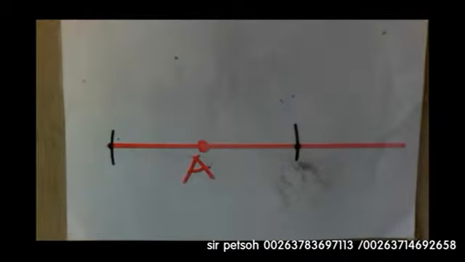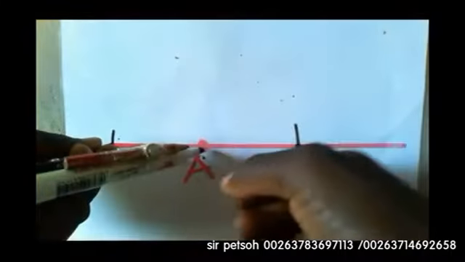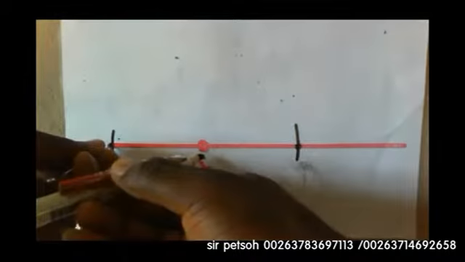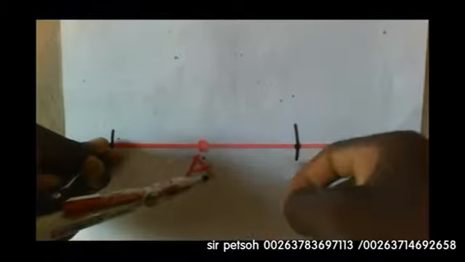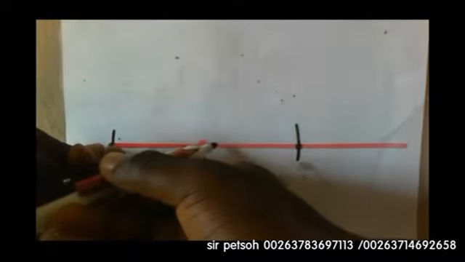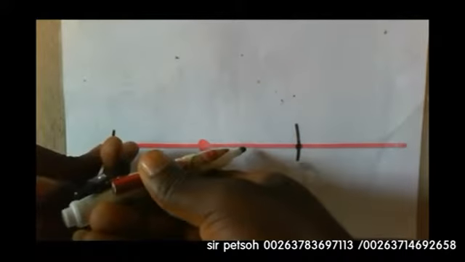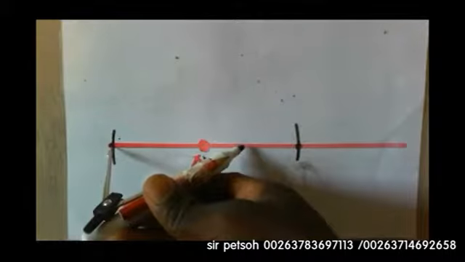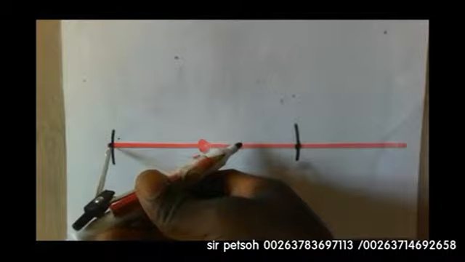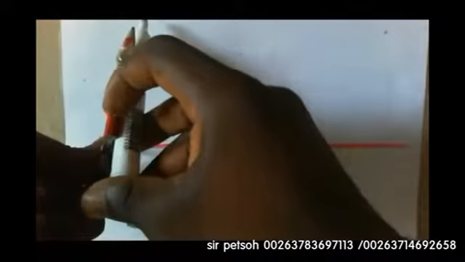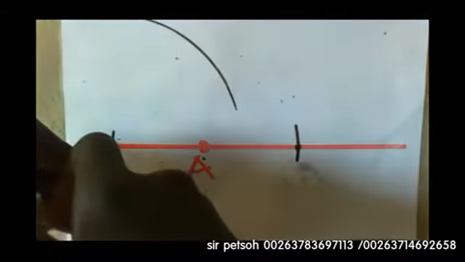From there you come to this point at the left and open the radius to above half. Remember, point A is the midpoint of this line, so make sure your arc is more than half. This is more than half, it doesn't matter. So you construct an arc above that line and below that line.